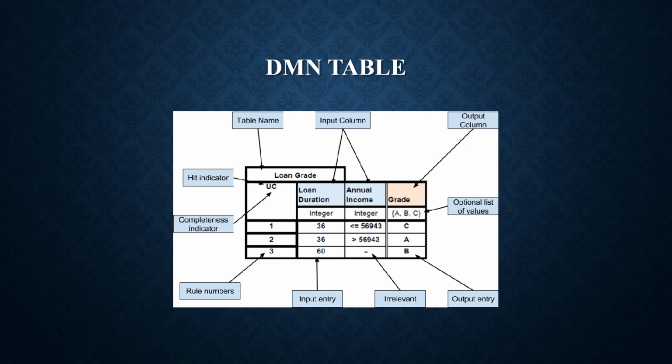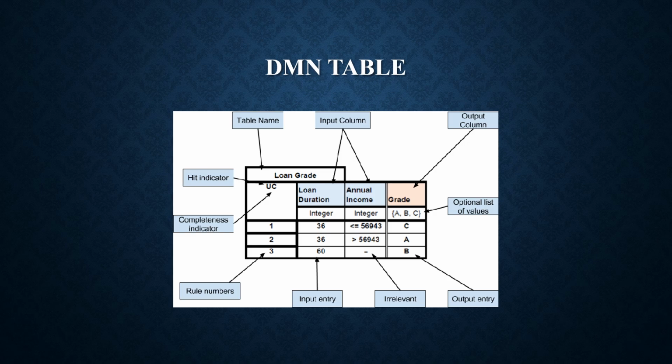How does a DMN table work? Here is an example of a table. Each table has a table name, which is right here. In this example, we have to specify a hit indicator: whether we want to uniquely identify one rule or if several can be chosen. The indicator also says if at least one of the rules has to apply or whether it is also possible that none of the rules apply.